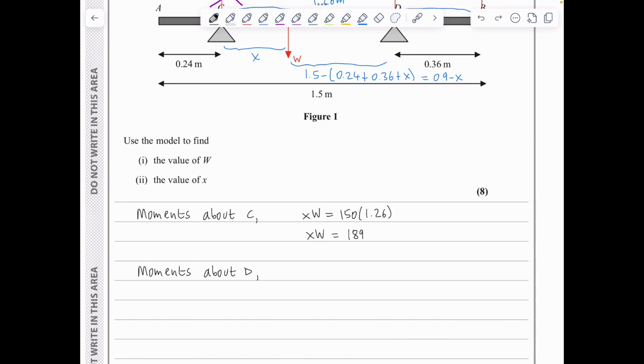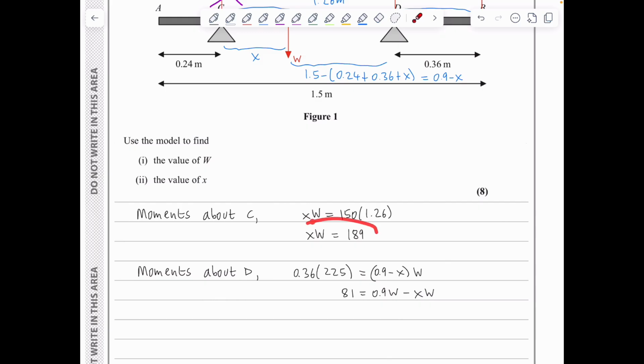We've got the clockwise moment, which is 0.36 times the 225, being equal to the anti-clockwise moment, which is 0.9 minus x times the weight of capital W. So we're looking at 81 being equal to 0.9W minus xW.